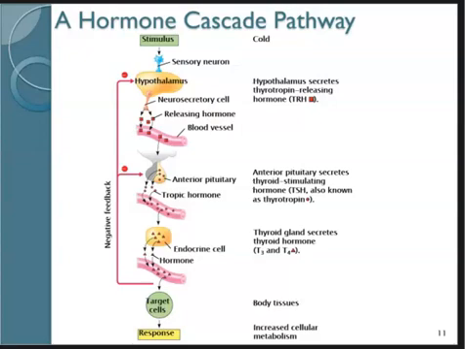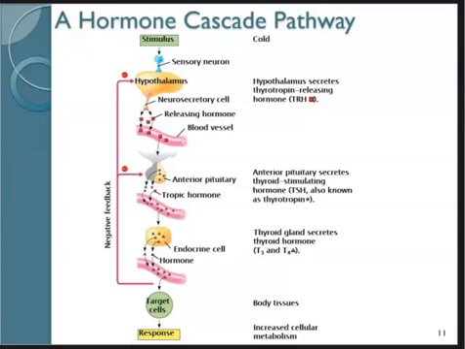TRH, or thyrotropic releasing hormone, will cause the anterior pituitary gland to release TSH, which in turn will cause our thyroid gland to release T3, T4. T3, T4, the thyroid hormones, control our basal metabolic rate.